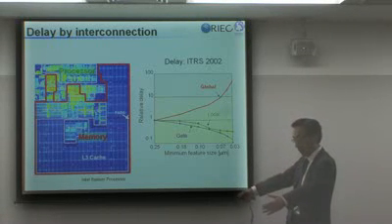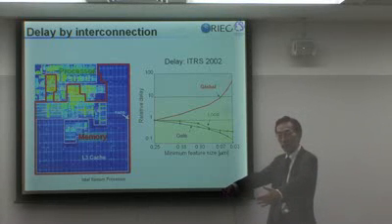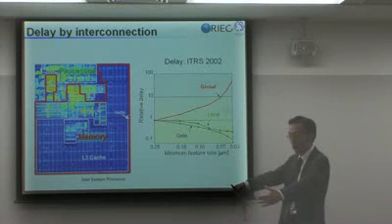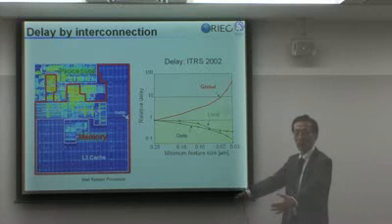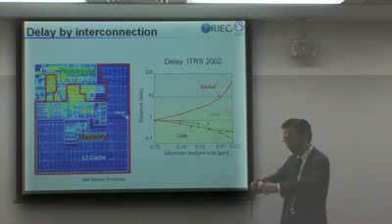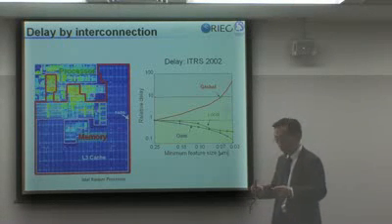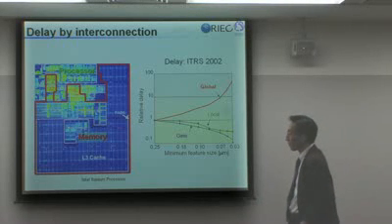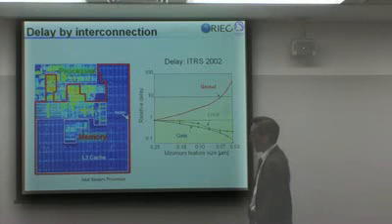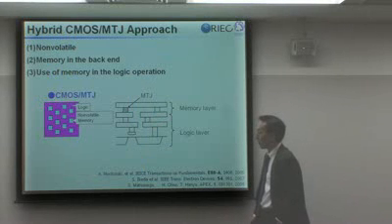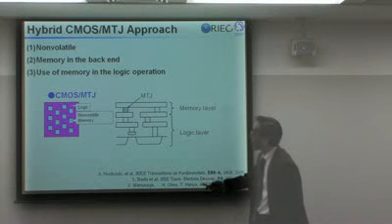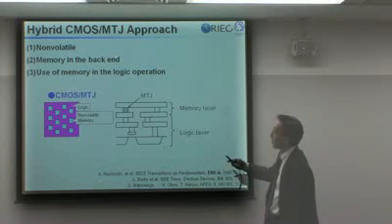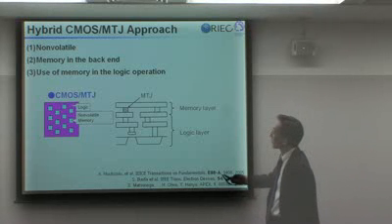Because after all, you process a wafer, and the cost of processing a wafer is approximately constant. So if you can put more integrated circuits on a wafer, it means that your cost or the price of the integrated circuit is reduced. So that's the meaning of memory in the back end.